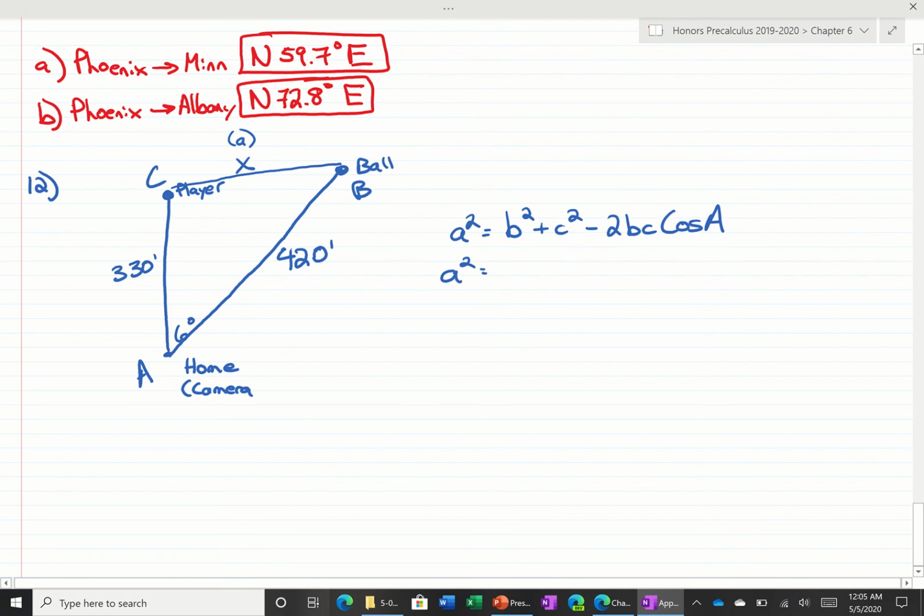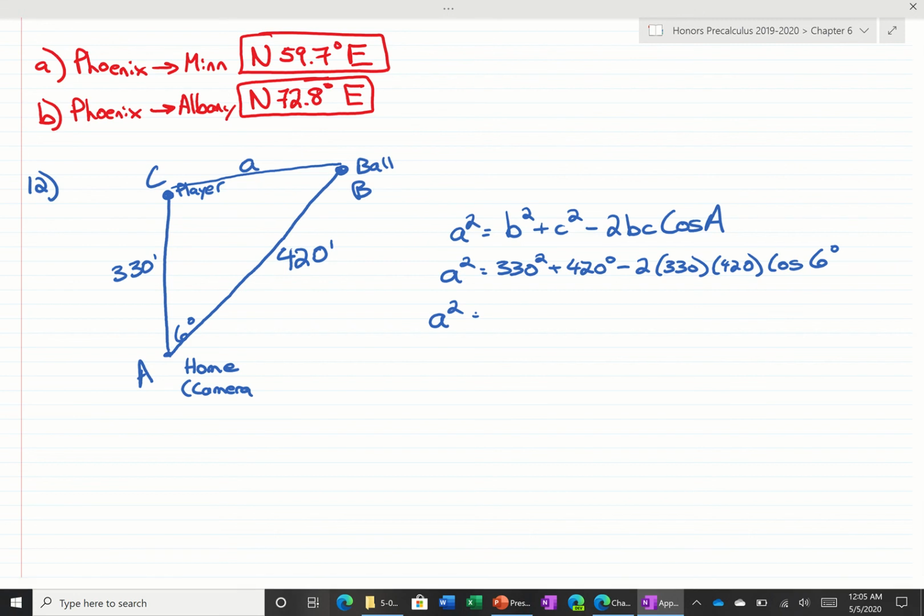A squared would be 330 squared plus 420 squared minus 2 times 330 times 420 times the cosine of angle A. See what that is? 330 squared plus 420 squared minus 2 times 330 times 420 times the cosine of 6 degrees.